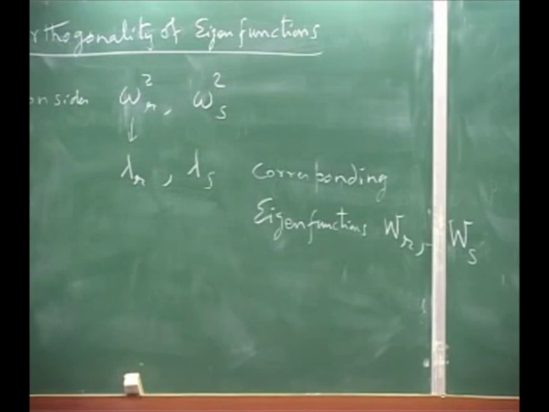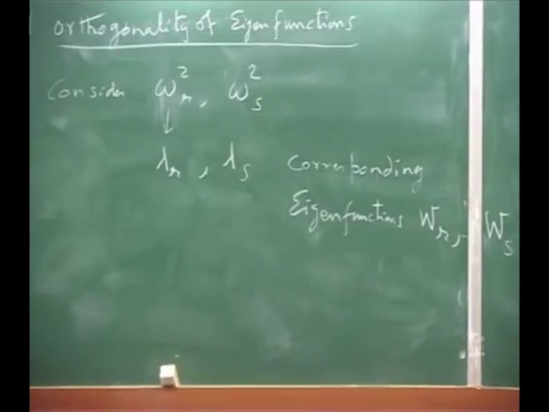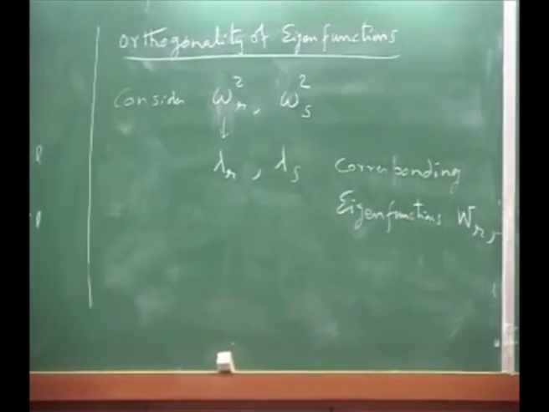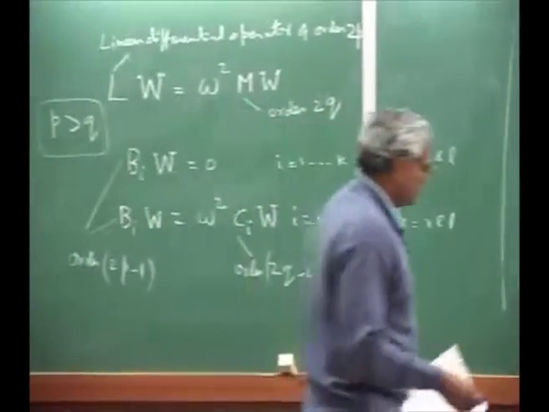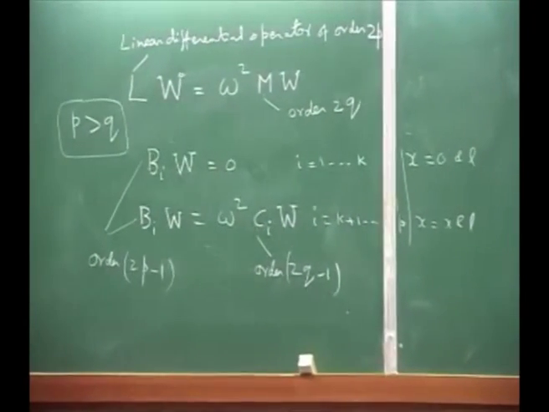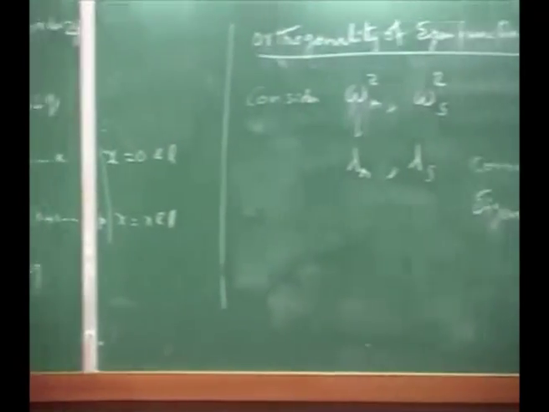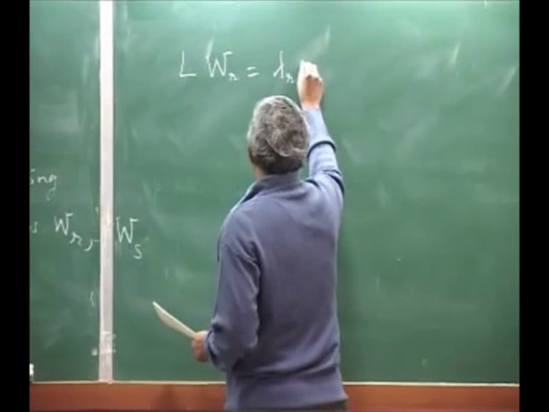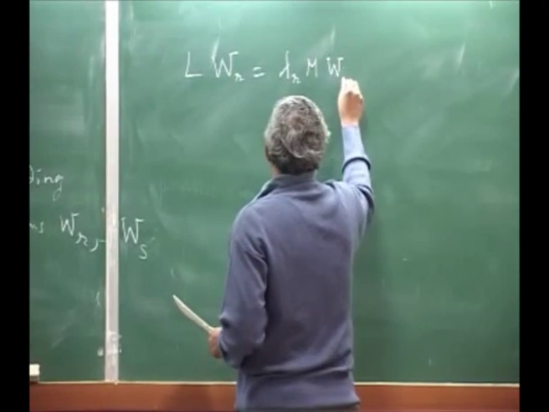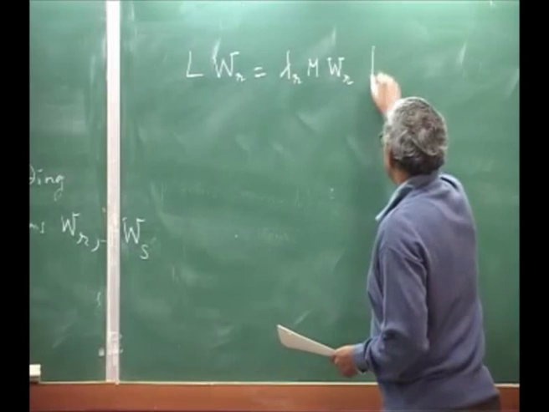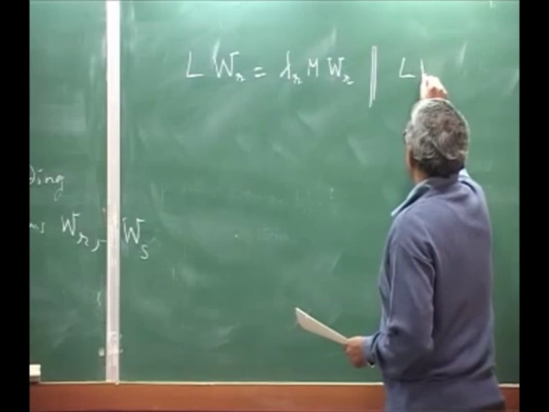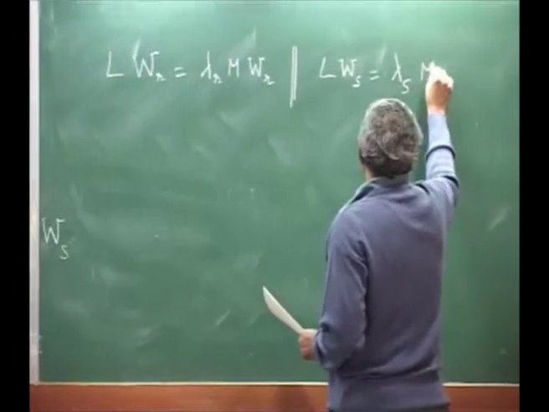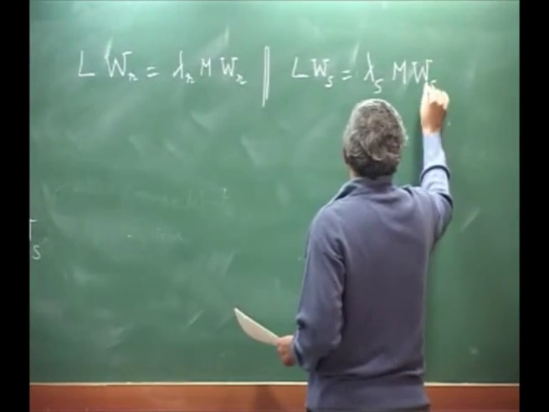Okay. These are the two functions. Now you know that eigenfunctions must satisfy my equation. So I will write L W R is lambda R capital M W R. Similarly, L W S is lambda S M W S. Okay.